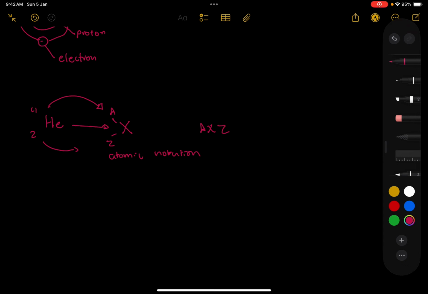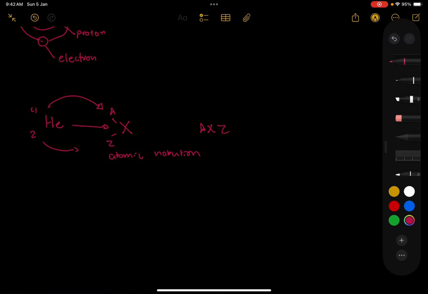So, the mass of a proton is approximately 1.7 times 10 to the power -27 kilograms, and the mass number of an element, again, is given by the symbol A. Each particular type of atom will have its own atomic number, and it identifies the element, and a mass number depends on the total number of nucleons or the total number of particles in the nucleus.